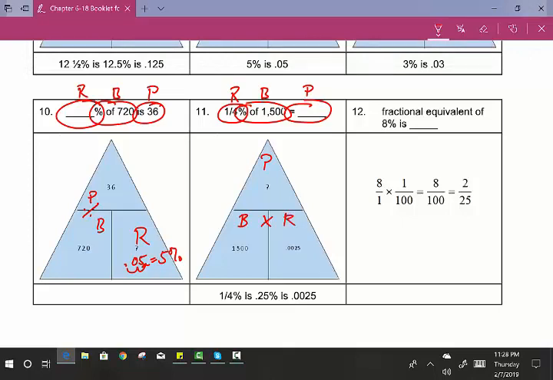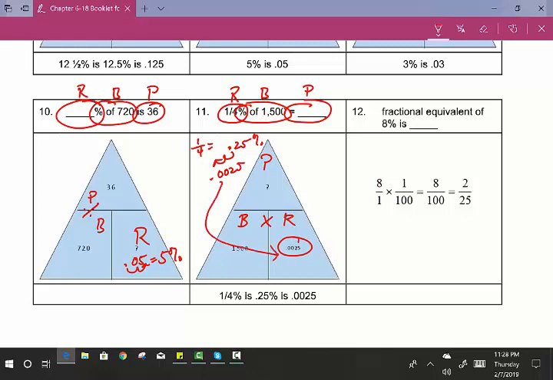So that's going to be 1,500 times 0.0025. How did I get that? That's 1 divided by 4, which on your calculator is 0.25. And technically it's 0.25%. To convert that percent to a decimal, move the decimal point 2 places to the left to make it 0.0025.